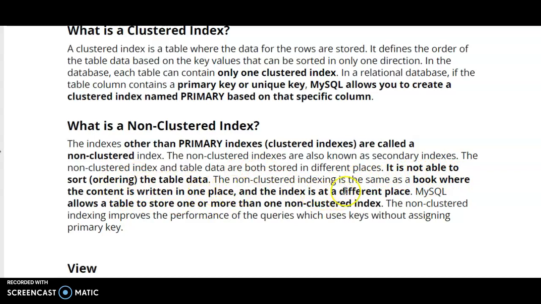The non-clustered index is the same as a book where the content is written in one place and the index is at a different place. MySQL allows a table to store one or more non-clustered indexes. The non-clustered indexing improves the performance of queries which use keys without assigning a primary key.